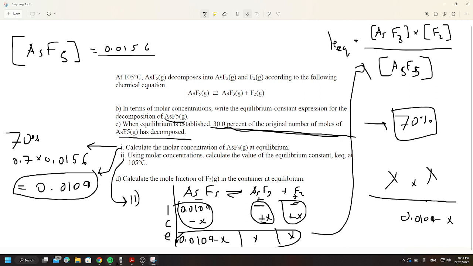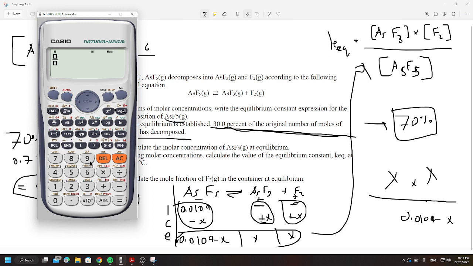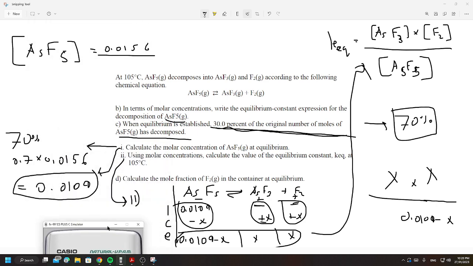So x times x is basically x squared, so x squared over 0.0109 minus x. Okay, I'm doing something wrong here. We don't even have K equilibrium, the equilibrium constant. Wait, let me figure out what to do here.